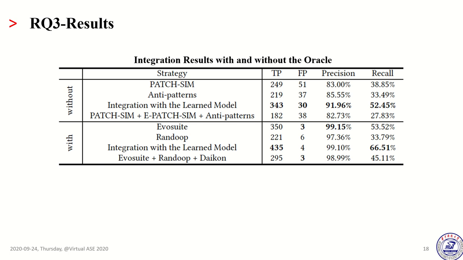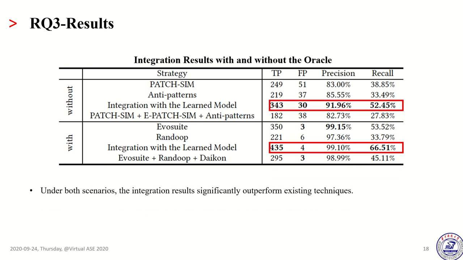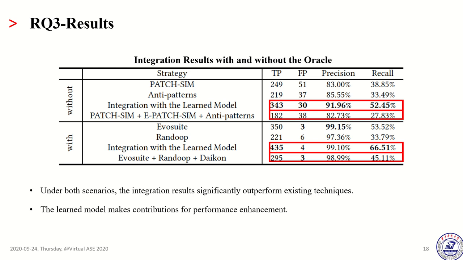This table shows the integration results. We find under both scenarios, the integration results significantly outperform existing techniques. We also compared with the results obtained by integrating the three most effective existing techniques via majority voting, which indicate that without the learning model based on static code features, the effectiveness of identifying overfitting patches is greatly compromised.